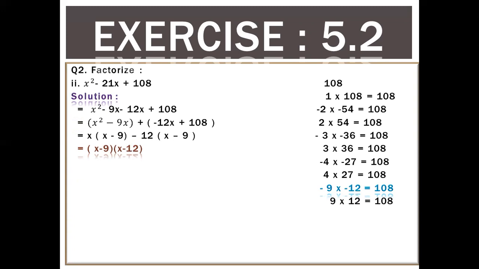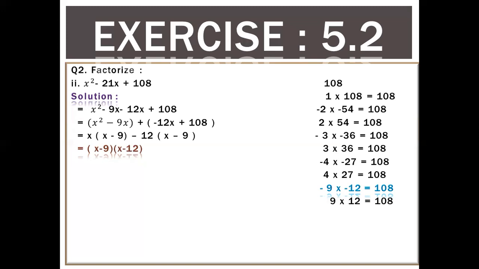I find all the possible factors of 108, because the sign of 108 is plus and the sign of 21 is minus. It means that if we multiply two positive numbers, we get a positive sign. If we multiply two negative numbers, the answer is again positive. So I make all the factors with plus and also with minus.